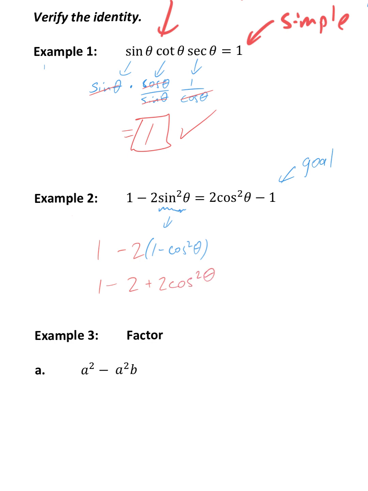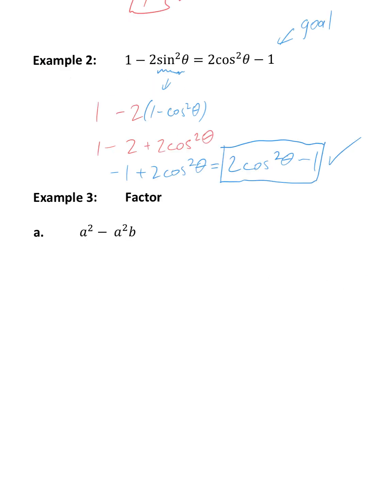Now, you may already have noticed, well, 1 and negative 2 can combine. So I get negative 1 plus 2 cosine squared theta. And if I just rearrange this, this is the exact same thing as my goal side. So really, I only had to plug in one identity to get this to turn into the other side. So as complicated as that one seemed, it was pretty straightforward.